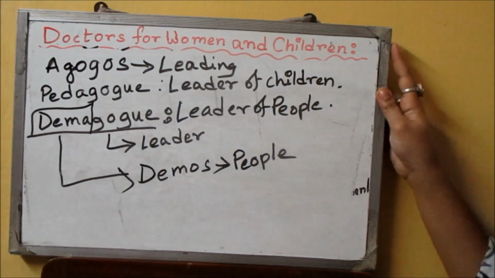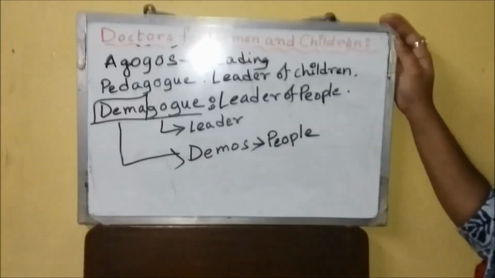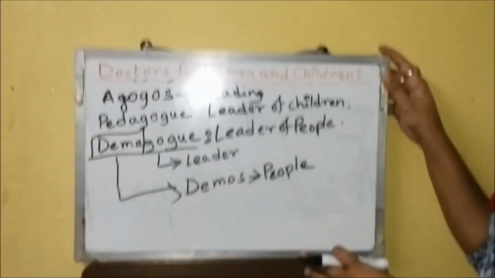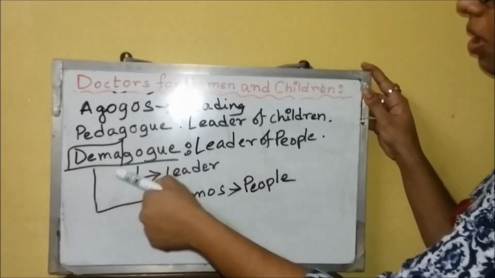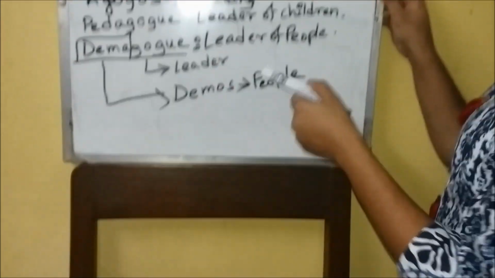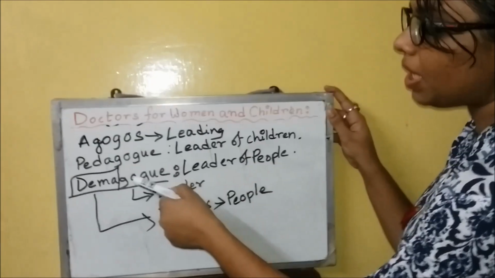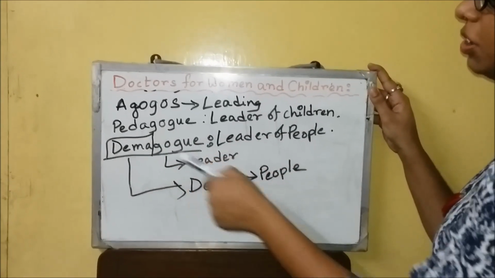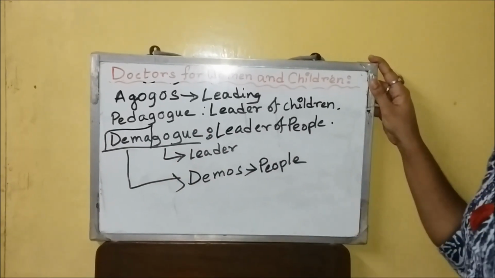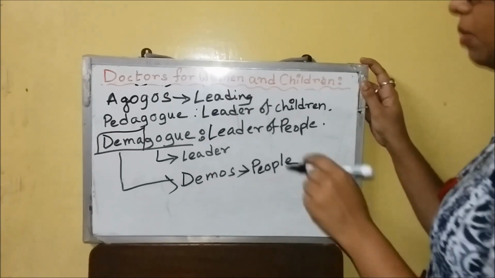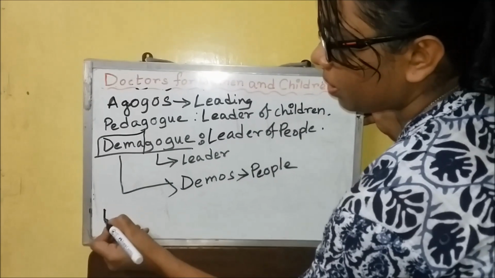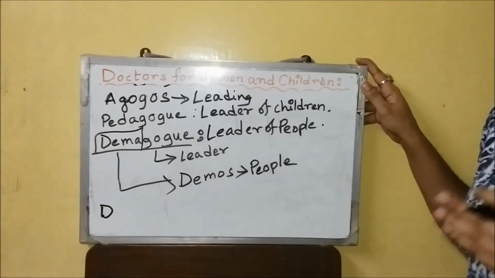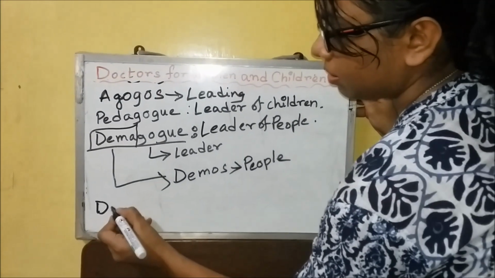So the word demagogue means leader of people. Gogue means leader, dema means people. Another word very similar to the word demagogue is democracy. Our country, India, is a democracy.